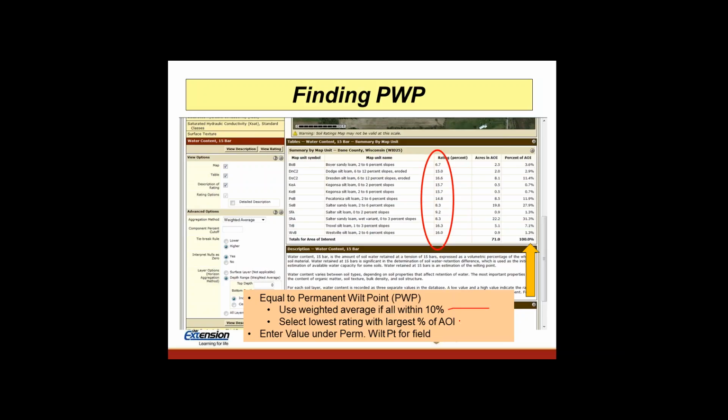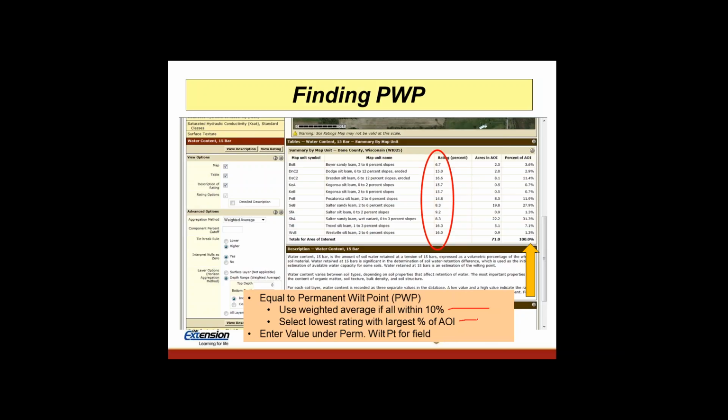The other thing is to look at the largest area of interest of the field. So say 70% of a field was a certain type, you may want to use that type. Or you may want to use the lowest rating for the largest area. It's kind of up to you, depending on how you want to manage that field.